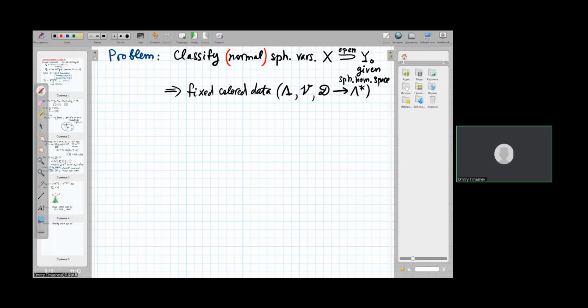The idea to classify spherical varieties with a given open orbit is to do it by some combinatorial data cooked up from the color data of the open orbit.